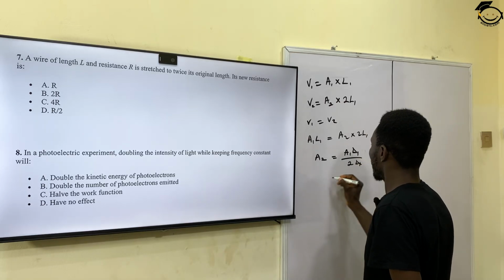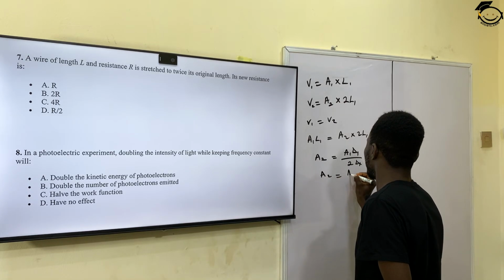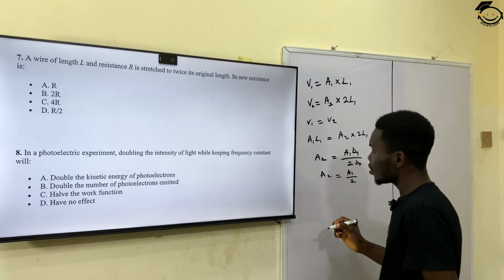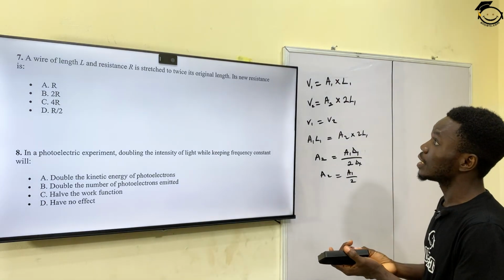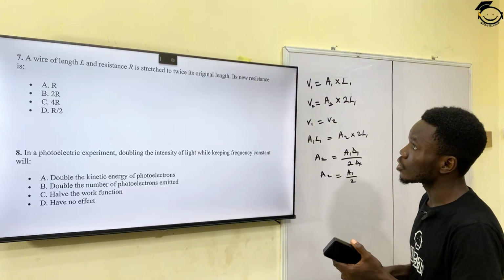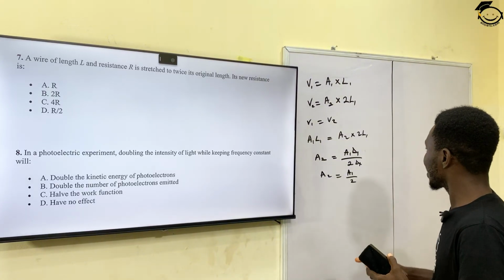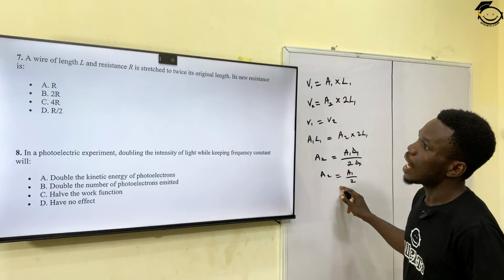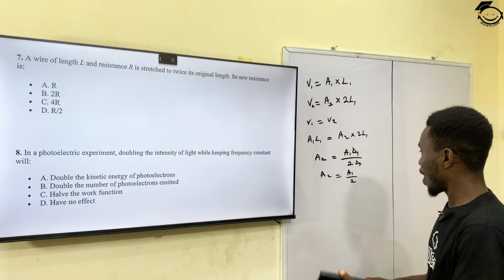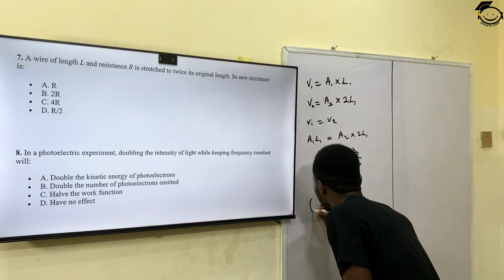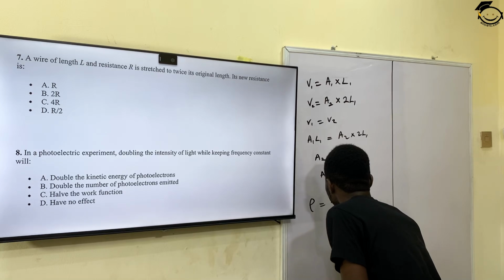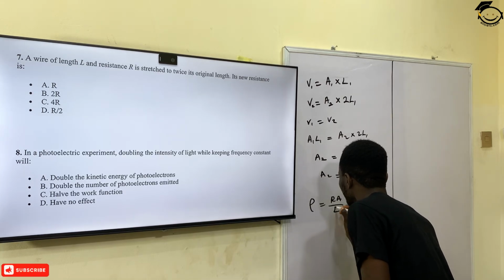So my L1 will cancel L1. It means that my A2 is A1 over 2. So when the original length was doubled after it was stretched, the area is now what? Half.